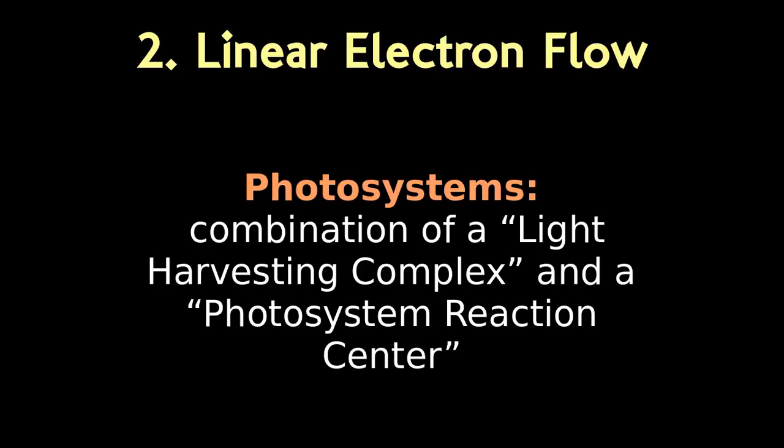The larger molecule that this is associated with is called a photosystem, which is a combination of a light harvesting complex that usually has the pigment in it and actually interacts with the light, and a photosystem reaction center, where we take the energy that the light has transferred to the pigment and pass it on to other components.